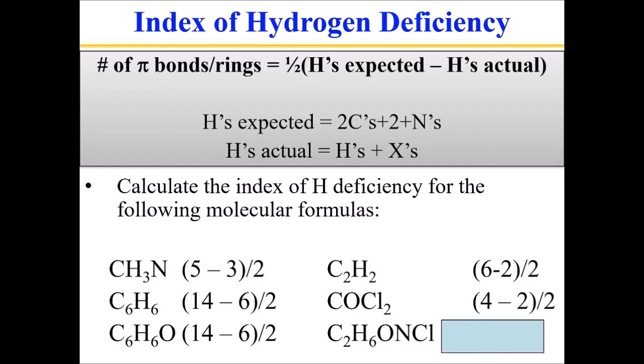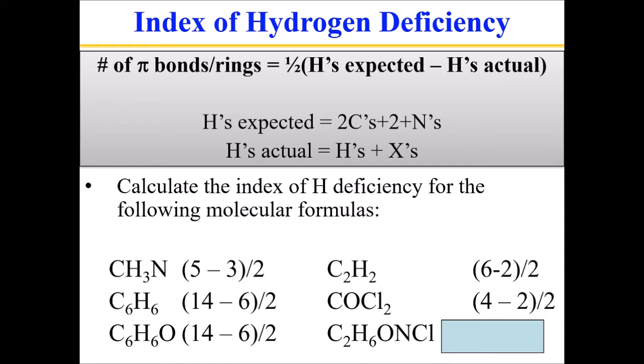The last compound has all the atoms in it, so it's kind of a tour of all of the different rules. The number of hydrogens that I expect is 2 times the number of carbons plus 2. 2 times 2 plus 2 is 6. Plus there's a nitrogen in there, so I expect to see 7 total hydrogens. The actual number of hydrogens is 6 plus 1 halogen, which is also 7.